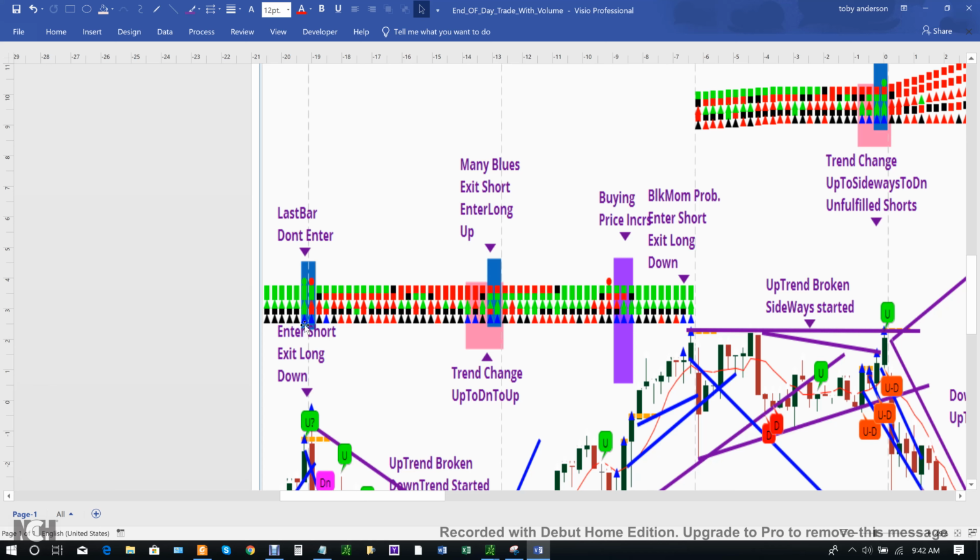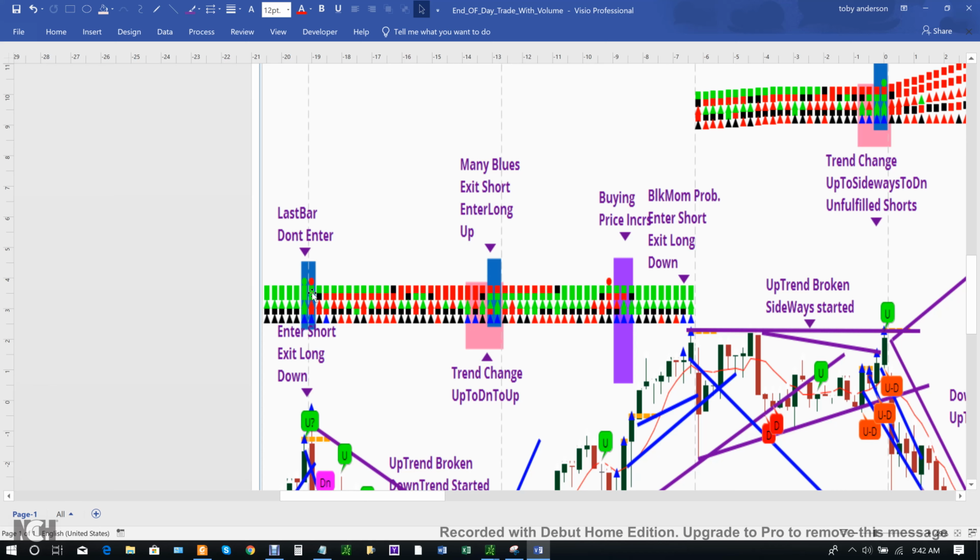Situation one is one blue candle at the very last bar: don't enter. The second situation is you might have one blue candle at the next to last bar. And the third situation is you might have several blue triangle candles at the end of a day. Those are the three situations.